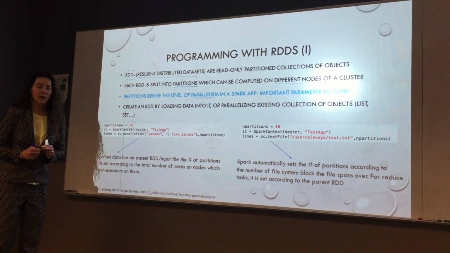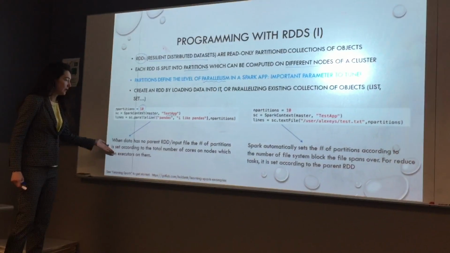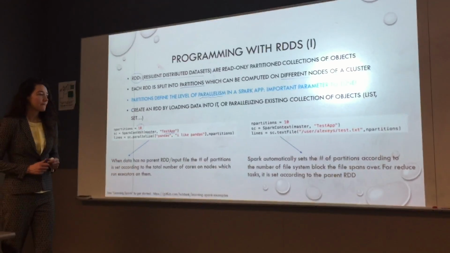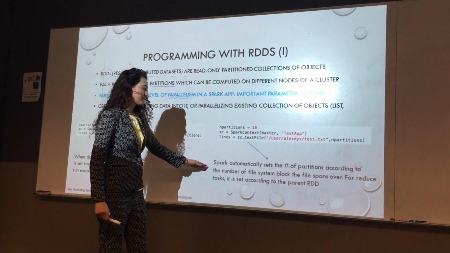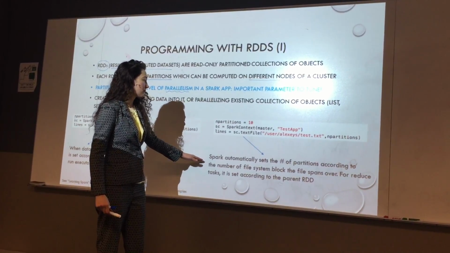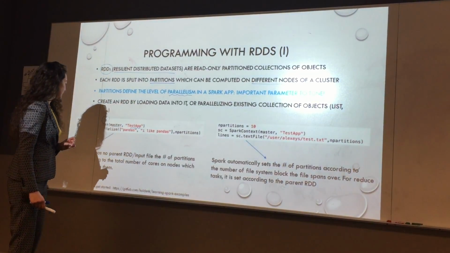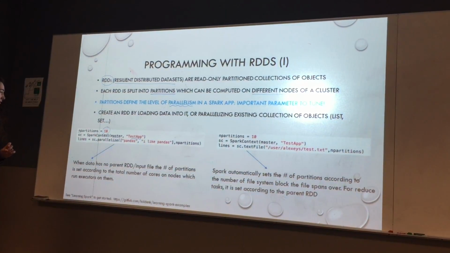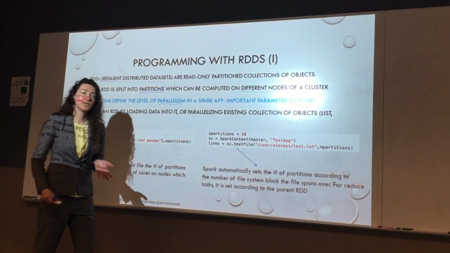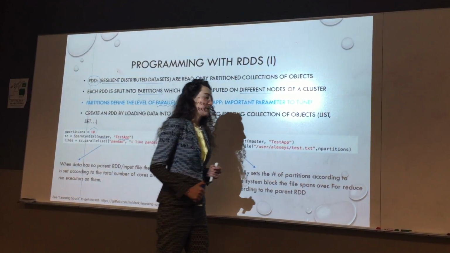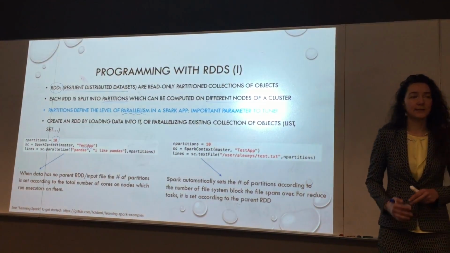Now, these RDDs can have parents. The one that I'm showing here has no parents. If it has parents, then the number of partitions is set according to the parents as well. Usually, if you don't specify how many partitions, it will automatically create as many partitions as the number of file blocks that the data takes.